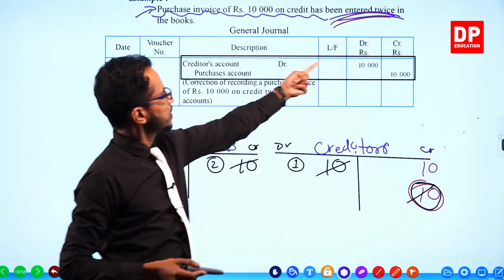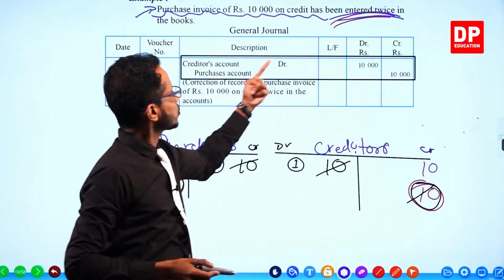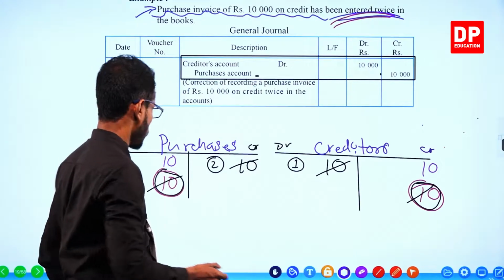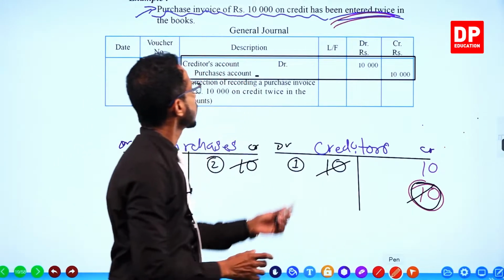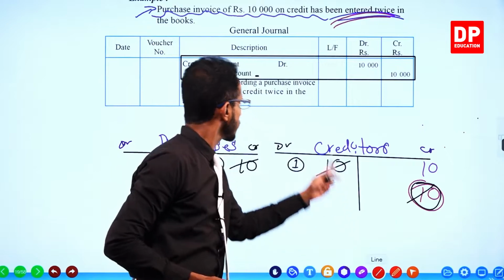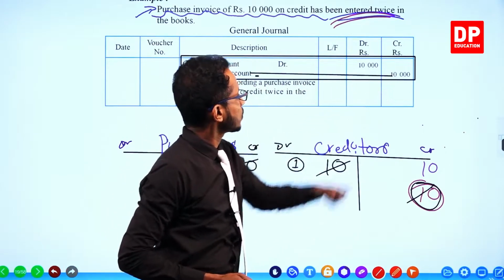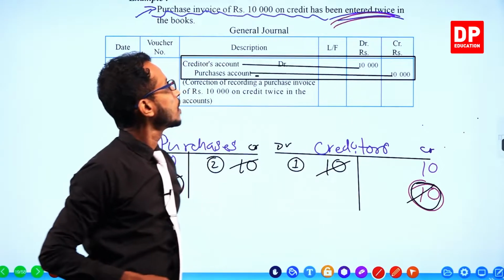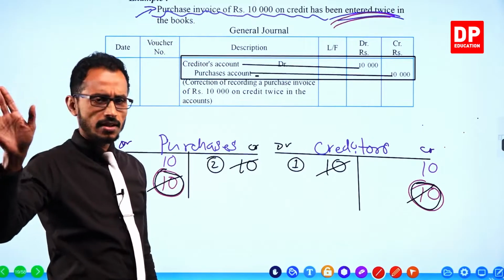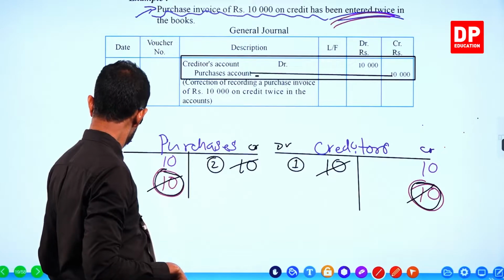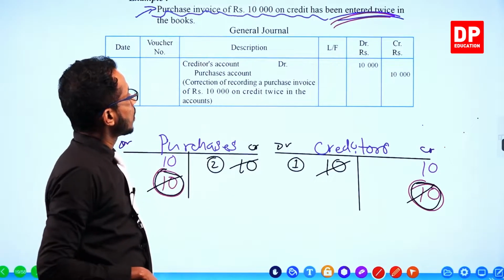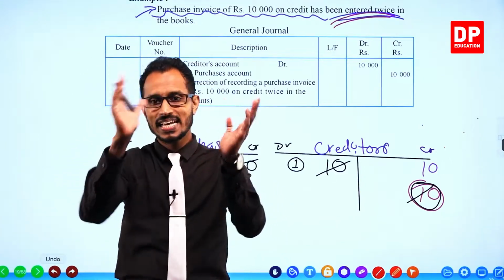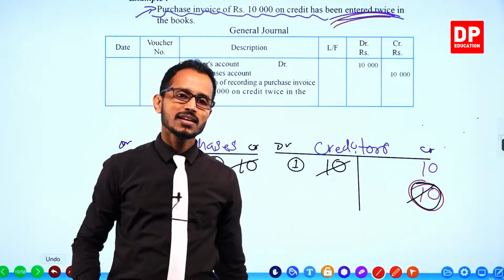Creditors account should be debit 10,000. Purchases account should be credit 10,000. That's it. Done. That is how you correct duplication errors, by reversing the double entry.